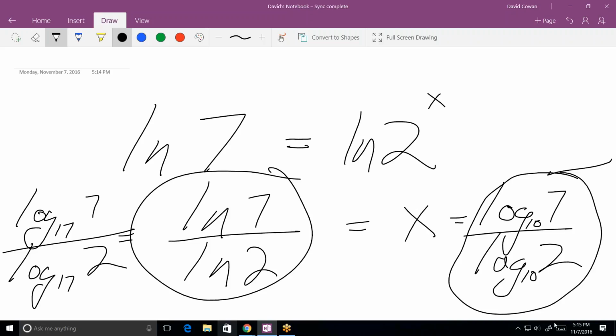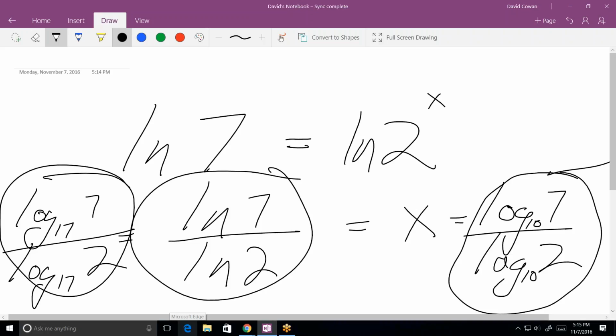That ratio, you could check it, but you can take my word for it. That ratio is the same as this ratio and the same as this ratio. I use natural log because that's what I always use, because of the calculus. You get used to working with natural log, and there's no reason to ever use common log.